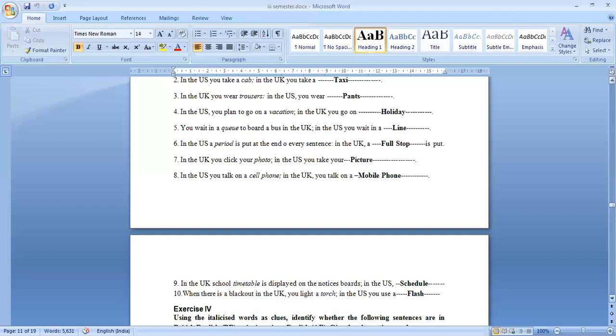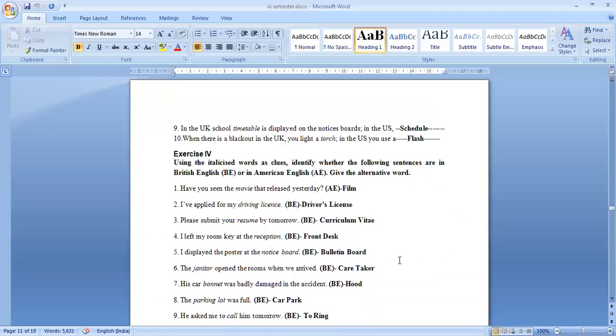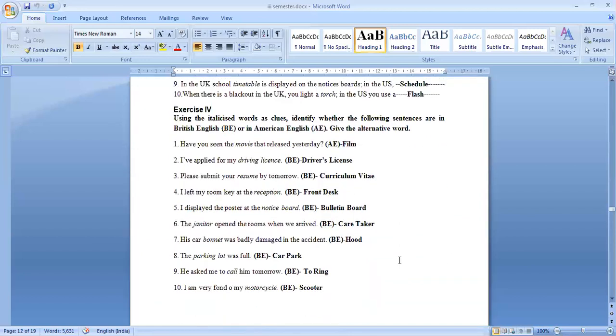After that, we have the last exercise, exercise number 4. By seeing this exercise, we can complete all the 4 exercises given in our syllabus on British and American English.